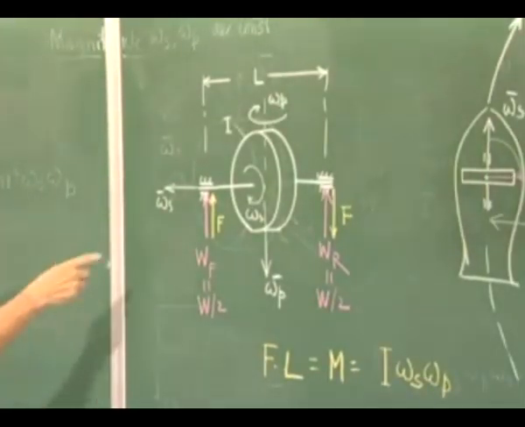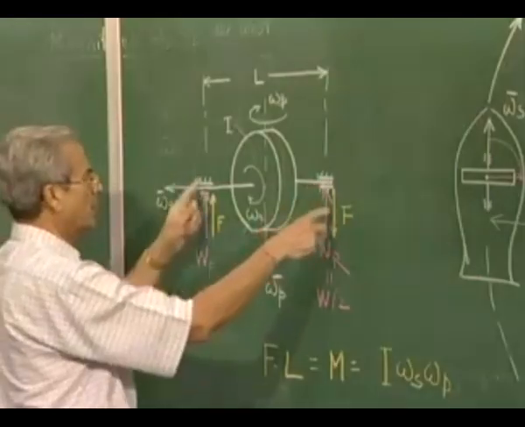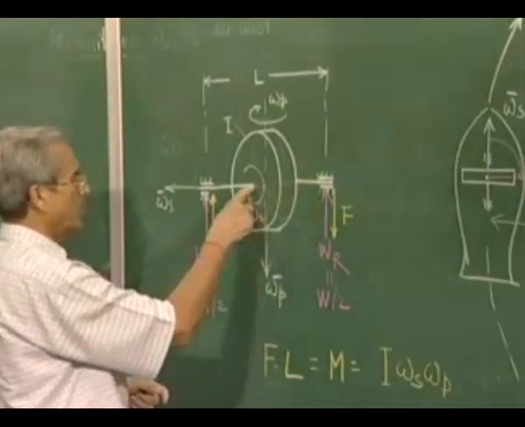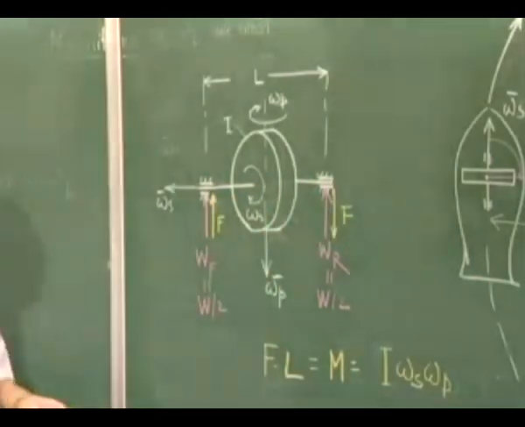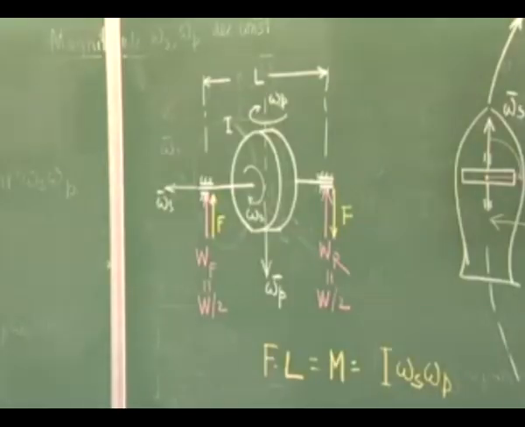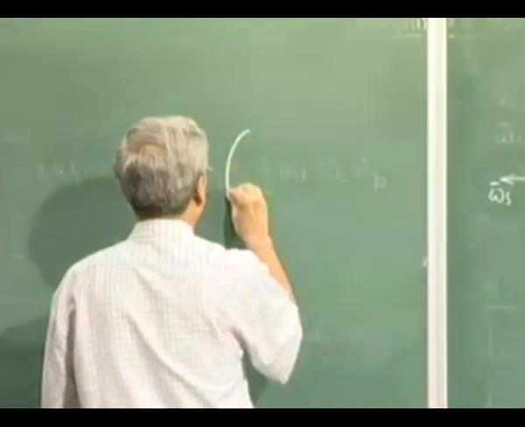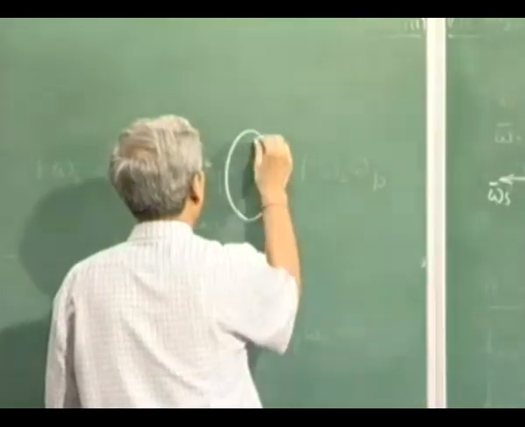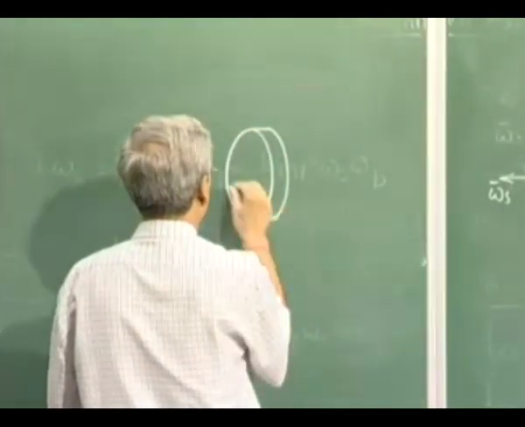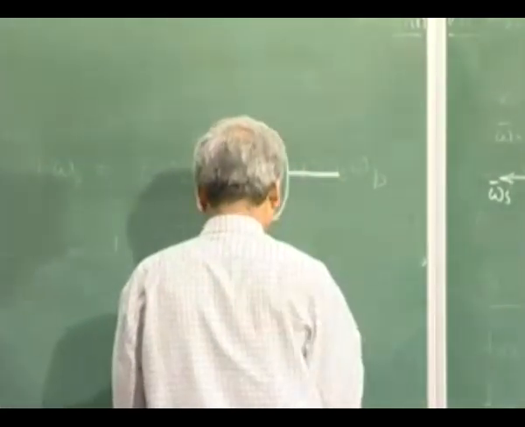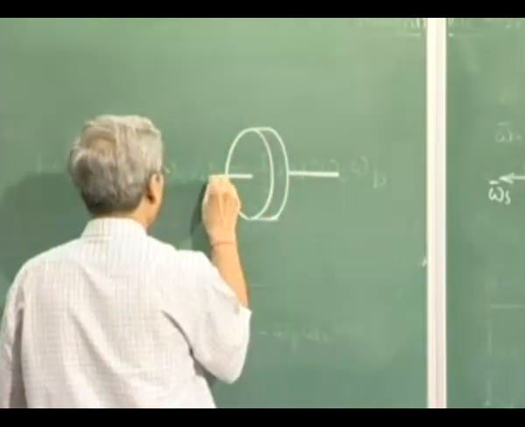And the direction of the two forces, which are equal and opposite on the shaft, will depend on the direction of rotation, the turn. So therefore the resultant reaction on the rotor shaft is now going to be different at different locations.